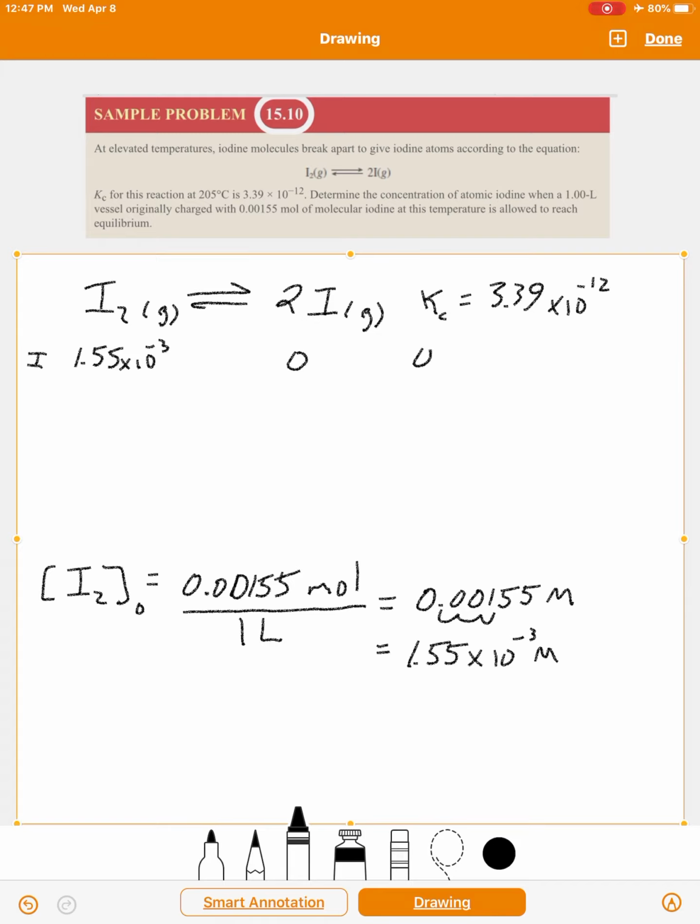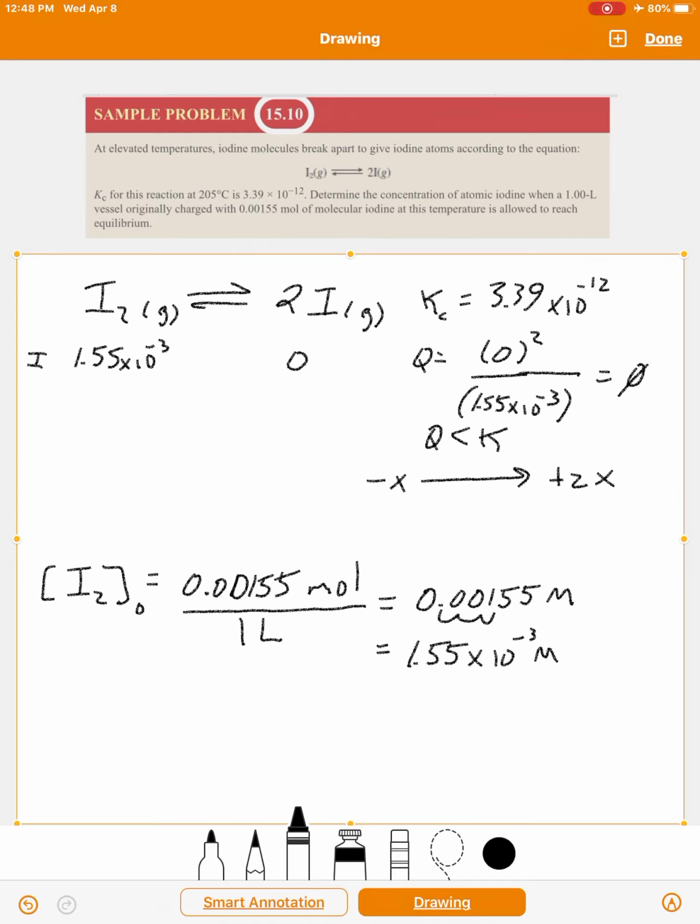Well, remember, we do Q. Q is the concentration of the product, so that's 0 squared, over the concentration of the reactant, which is 1.55 times 10 to the minus 3. Products over reactants, that's 0. So Q is less than K, which means the reaction goes to the product side, so you get plus 2x on that side and minus x on that side.